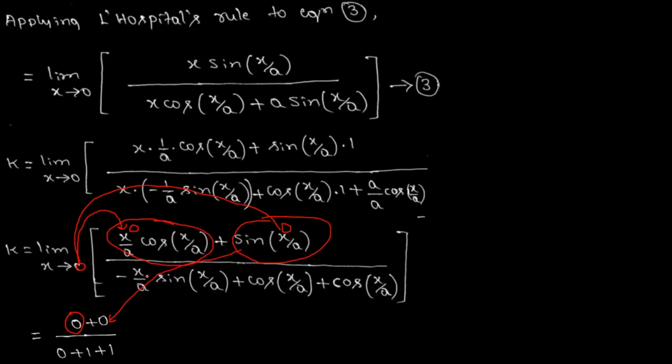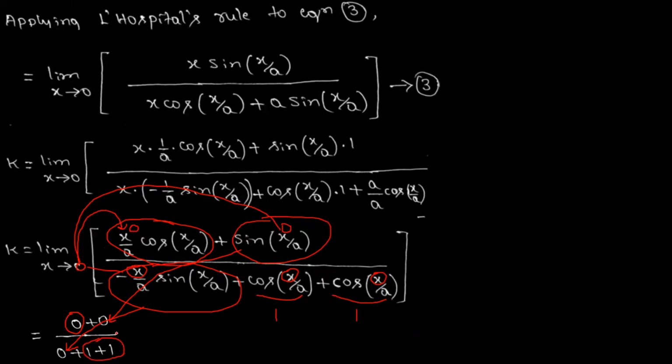Now in the denominator, when you put x equal to 0 here, 0 into anything is 0. If you take x equal to 0 here, cos of 0 is 1. And here if you take x equal to 0, cos of 0 will be again 1.